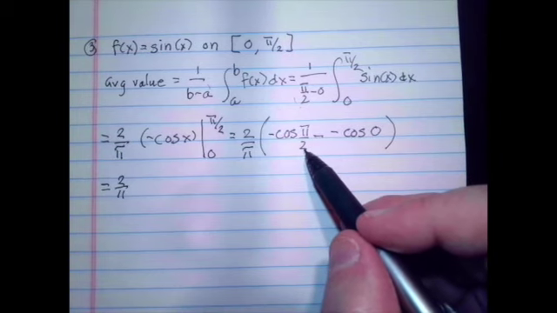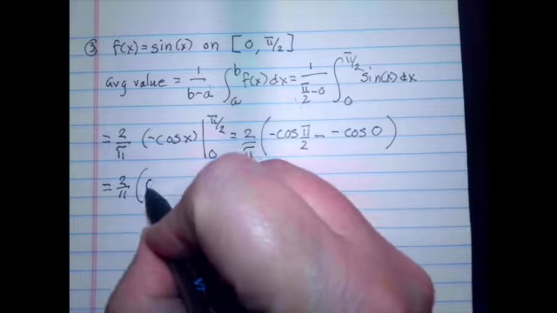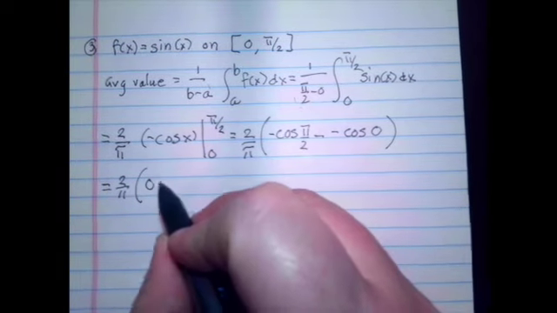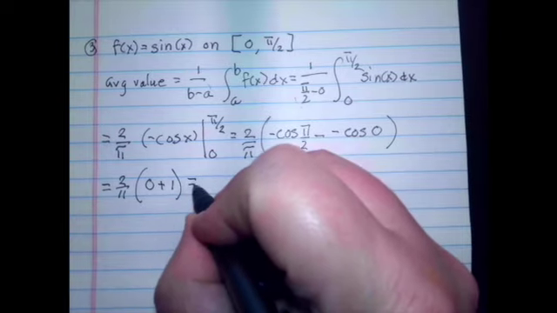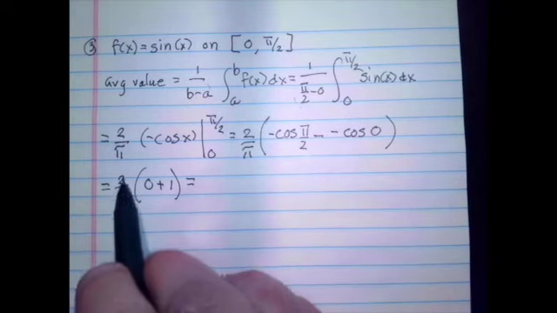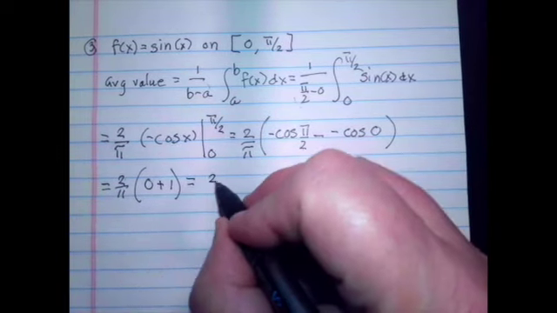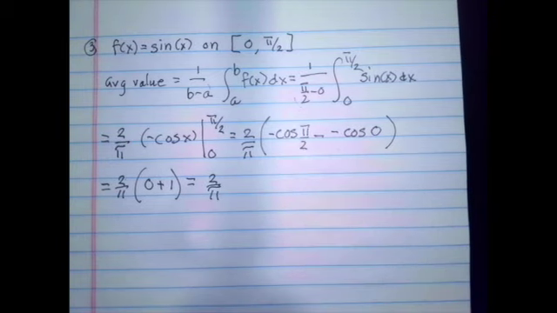The cosine of pi over 2 is 0. So we're getting 0 plus the cosine of 0, and the cosine of 0 is 1. And so what we get is 2 over pi times 1, which is just 2 over pi.